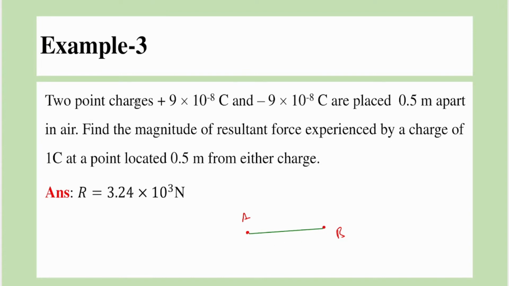So this distance between them is 0.5 meter. Question says, find the magnitude of resultant force experienced by a charge of 1 Coulomb at a point located 0.5 meter from either charge. So there's one more charge placed whose value is 1 Coulomb. This charge is placed at a distance of 0.5 from either charge.